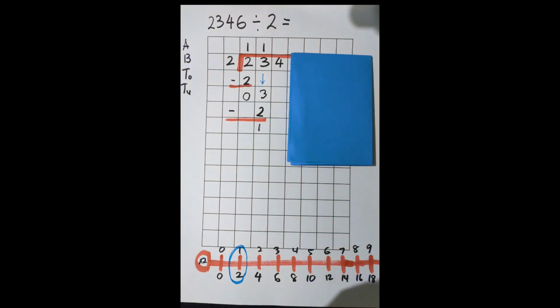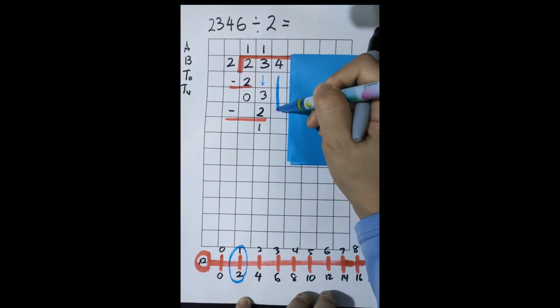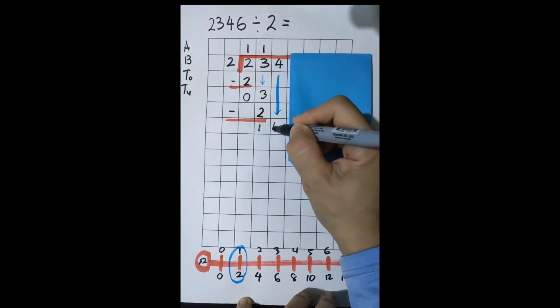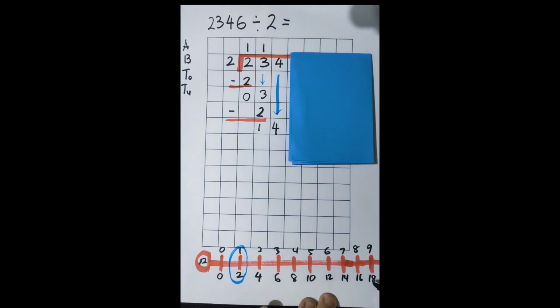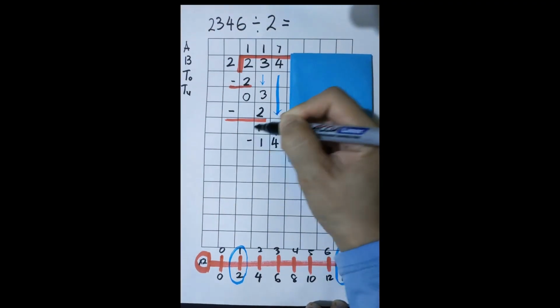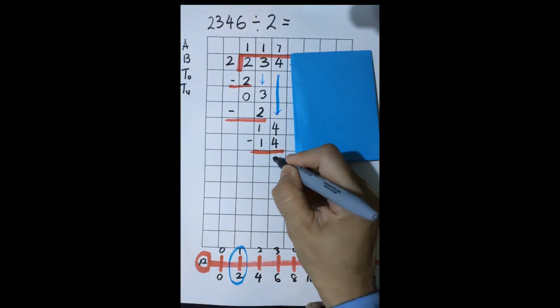There is still a next number. Bring it down to where you stop. Where you stop over here, so you bring it down here. So now you have 14. Now you find 14. Ada tak? Okay, ada. Here. So isi lagi 7, atas bawah is 14. Then you minus. The answer is 0.